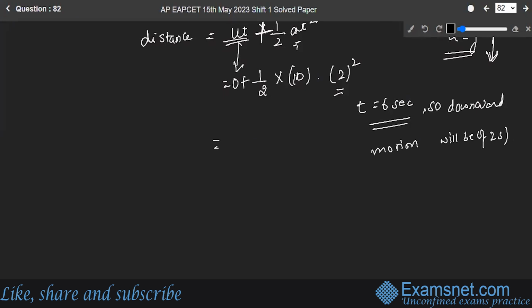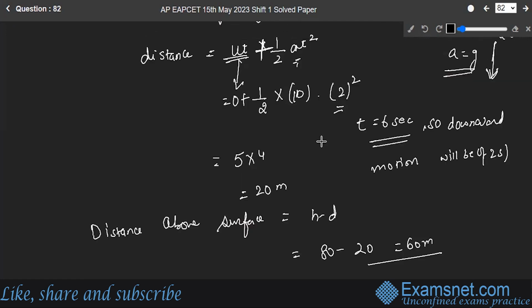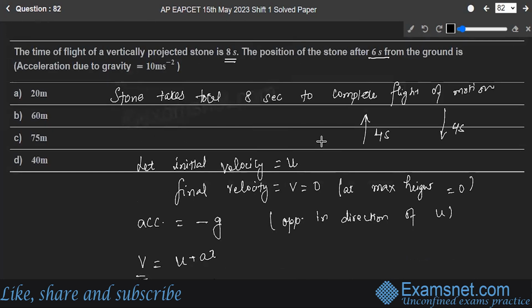That makes 5 into 4, which is equal to 20 meters. Therefore, the distance above the surface will be h minus d, so 80 minus 20, which is equal to 60 meters. So this is the answer to the question. Option B is the right answer.